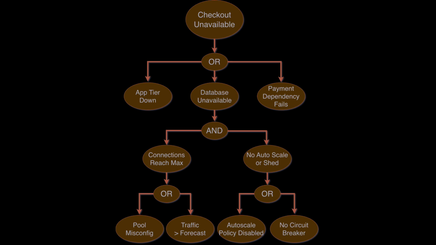Those might decompose to pool misconfigured or traffic exceeded forecast, and auto-scaling policy disabled or no circuit breaker. A high-leverage control point might be: enforce pool settings via config as code plus an automated pre-sale load test, and add a circuit breaker that sheds non-critical work when DB connections spike.